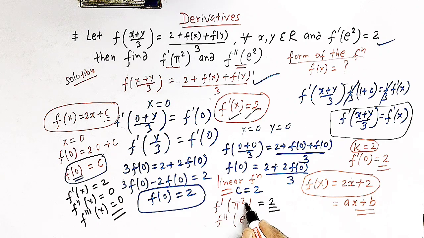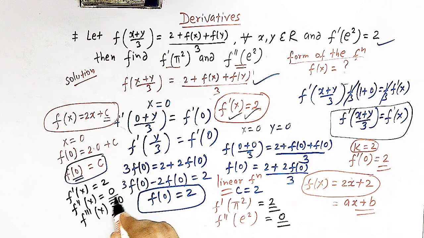So f prime of pi square is 2, and f double prime of e square is equal to 0, because all the successive derivatives are 0, right? So viewers, this is how we can solve these type of problems.